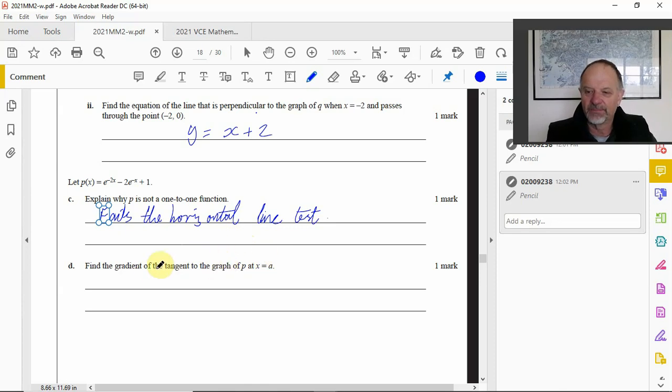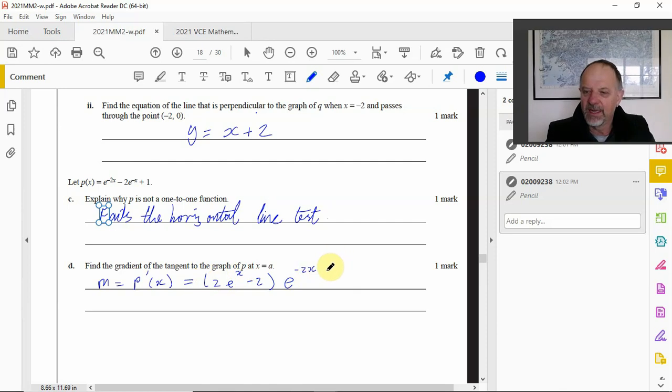All right, so our gradient of our tangent, so our gradient is p dashed x, and so you can get your calculator to differentiate that for you if you wished. It's probably pretty quick to do anyway, but if you do get your calculator to do that, it will give you something like 2e to the x minus 2, and then you've got an e to the minus 2x.